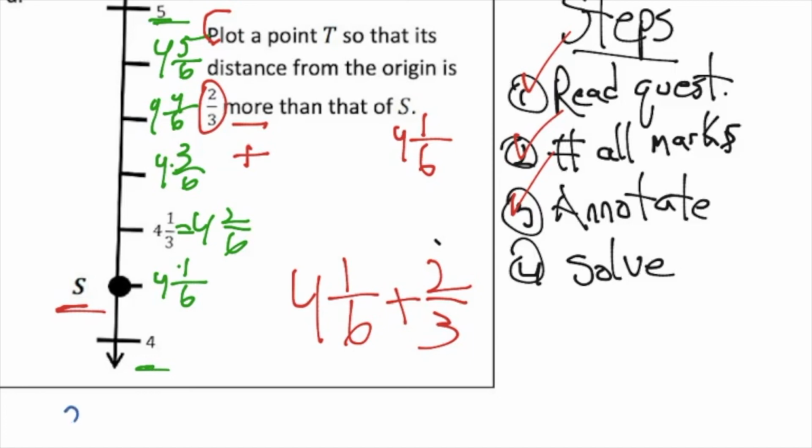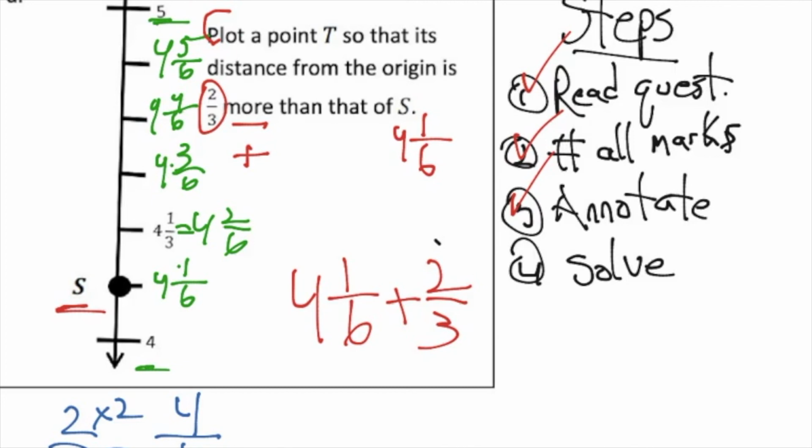So I'm changing 2/3 is equal to blank over 6. How do we get from 3 to 6? We multiply by 2. What you do to the bottom, you do to the top. So our new numerator would be 4, and our new fraction will be 4/6.